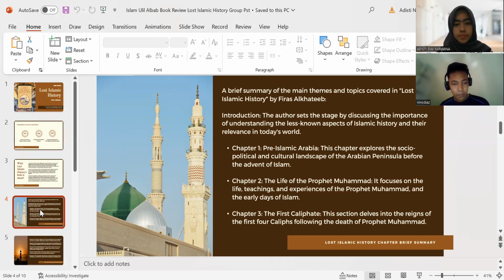Chapter 1, Pre-Islamic Arabia. This chapter explores the socio-political and cultural landscape of the Arabian Peninsula before the advent of Islam. And chapter 2, the life of the Prophet Muhammad. It focuses on the life, teachings, and experience of the Prophet Muhammad and the early days of Islam.